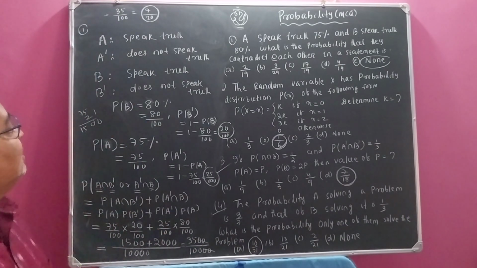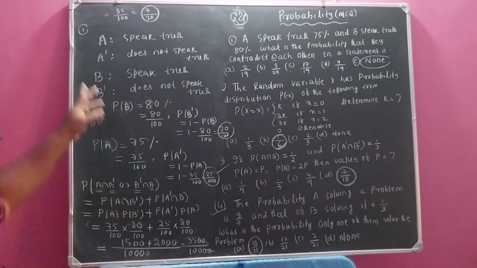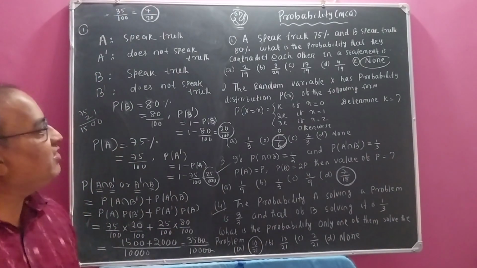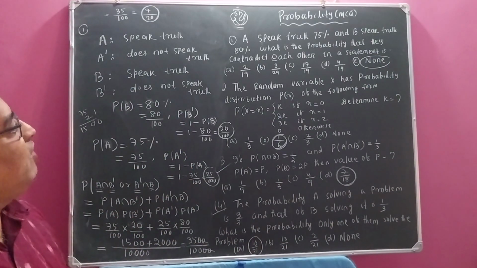Okay? So the correct answer is 7 by 20, but there is no such answer in the given question. So they will contradict each other. How many percent? 35%. They contradict each other 35%. Okay? So this is the answer of this question of today's class.